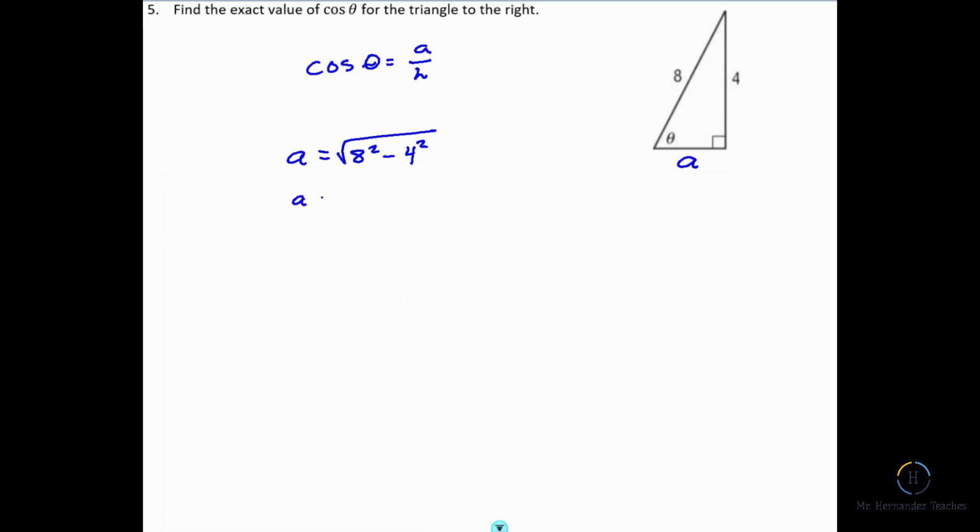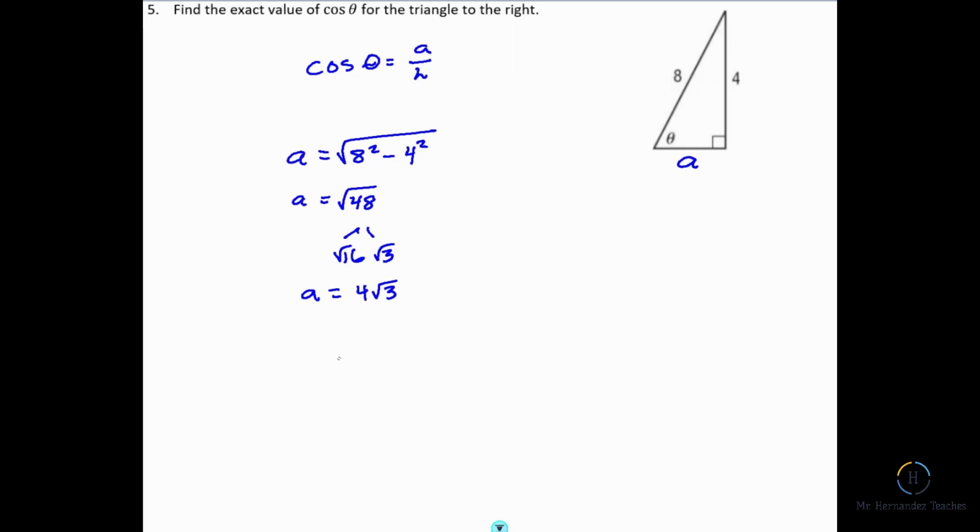So A is equal to the square root of 48. I know that's divisible by 4. No, that's also divisible by 16. So since that's divisible by 16, I could do square root of 16 and square root of 3. So A is going to be equal to 4 square root of 3.